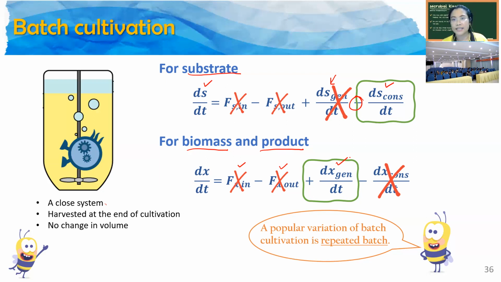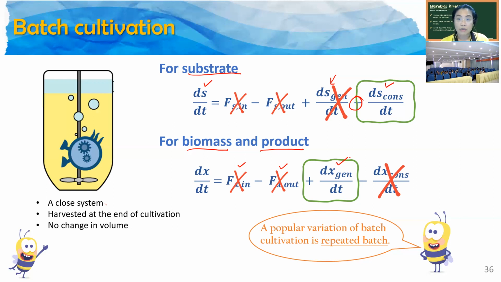It could take 1 day or 2 days just preparing the inoculum alone. But with repeated batch, a good thing is that you don't have to do that every time you want to do the batch, because at the end, whatever is left is acting as an inoculum by itself. So that's why people are interested in repeated batch.